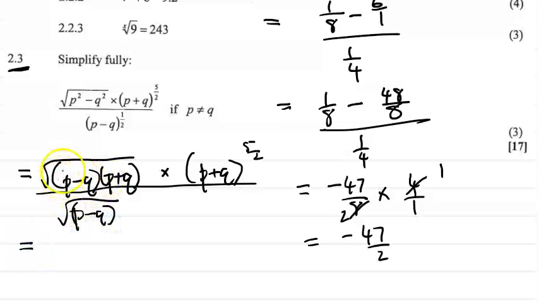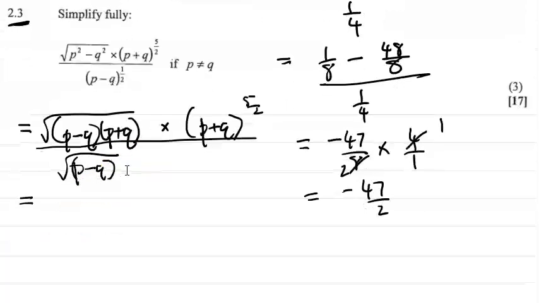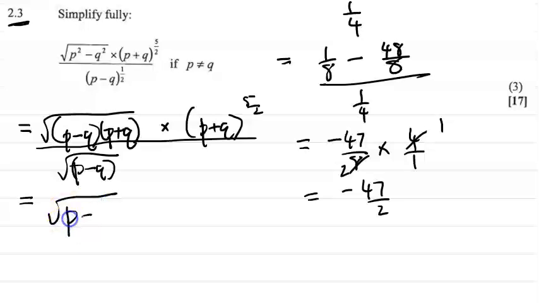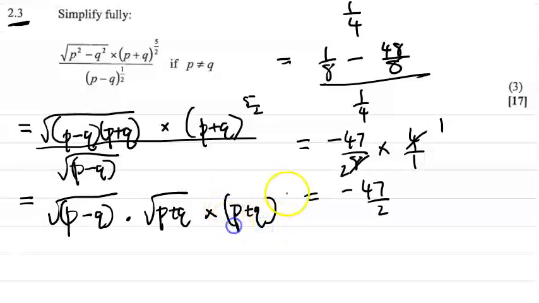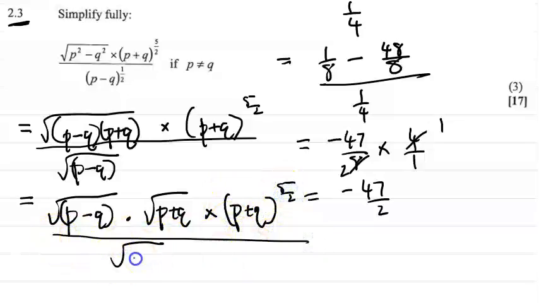Now remember that the square root of p minus q times p plus q, you can actually separate that. It can be written as follows: square root of p minus q times the square root of p plus q, times p plus q to the 5 over 2, all over the square root of p minus q. So square root of p minus q and square root of p minus q cancels off.